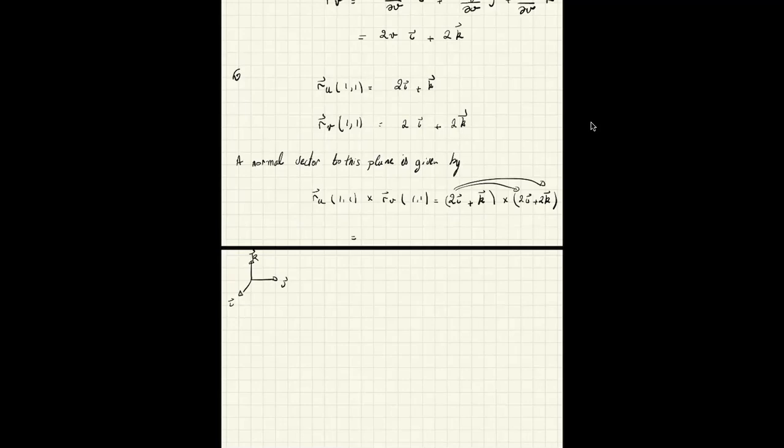So if you take JK, it's going to be I. If you take KI, it's going to be J. If you take IK, it's going to be minus J. It's always your thumb that gives you the direction. That's a cool way to do it, and when the vectors are parallel, it's 0.